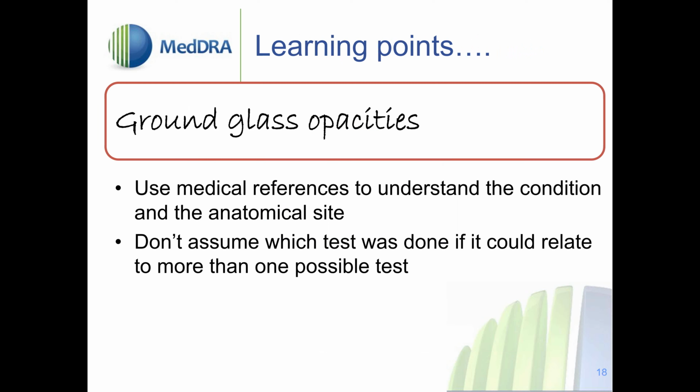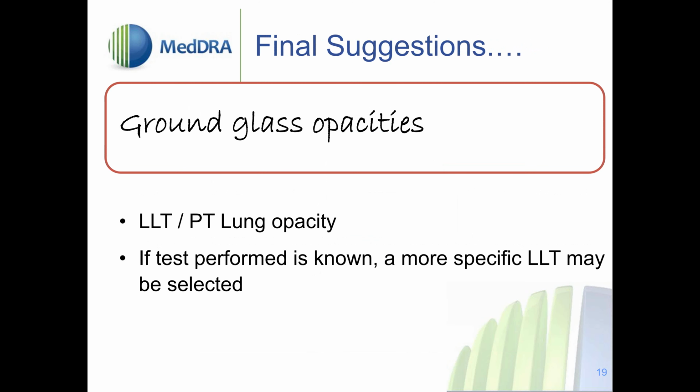It may be that you know the test that's done, or you know the problem that the patient has, and what would fit around the context would be lung. But looking at what we saw, we think that the term is commonly used to refer to lung, and we would code it to lung opacity. If you knew the test, then you could select one of the more specific LLTs, or it wouldn't be wrong if you chose to query to be sure. So that's what we would do with this one.